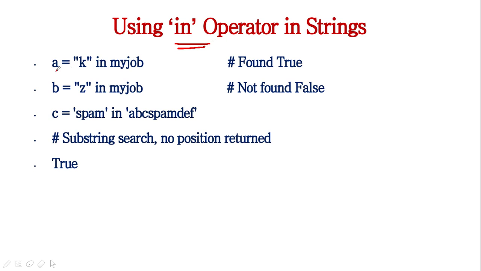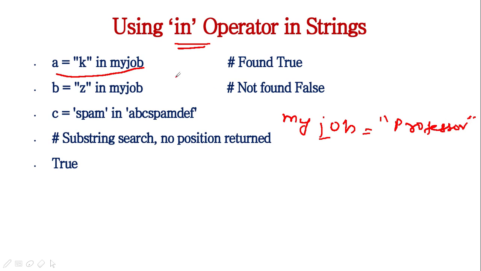For example, I can write like this: A equal to K in my job, right? So my job is actually a string. For example, if you consider my job is equal to professor, I am going to give a string, my job is equal to professor. Now I am checking whether K is present in this particular professor.